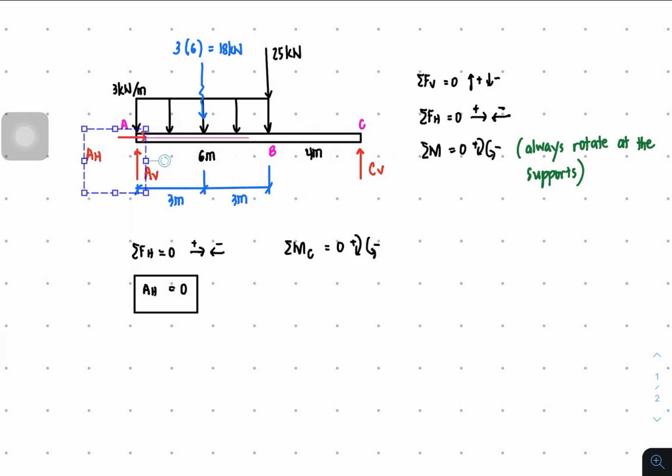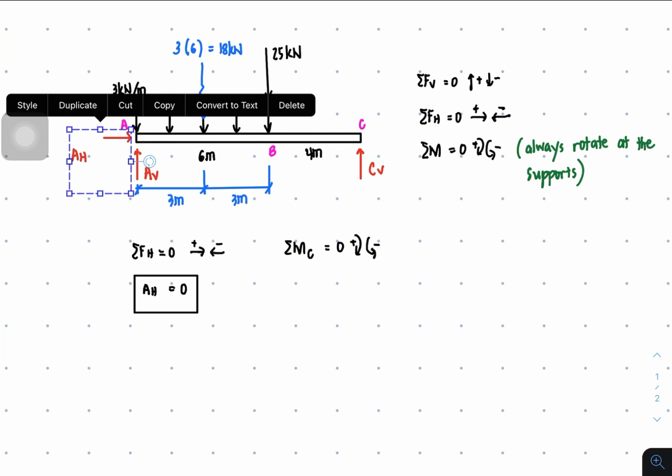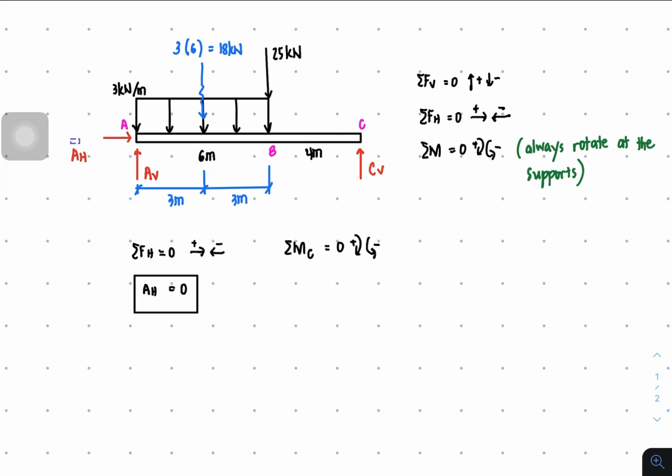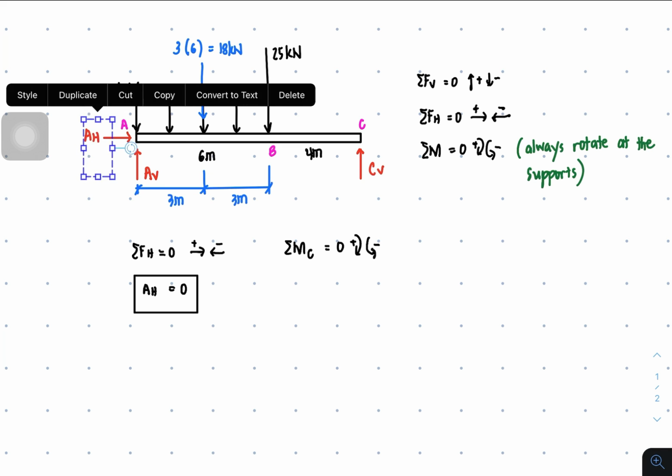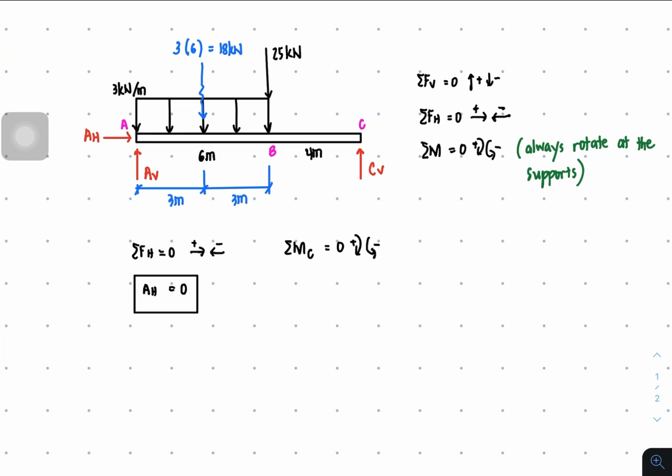So therefore, AH is not included. Anyway, AH is 0. But in case AH has a value, so just remember that any force that will pass through the point of rotation will not cause moment. Okay, so in this case, we only have this AV to rotate.